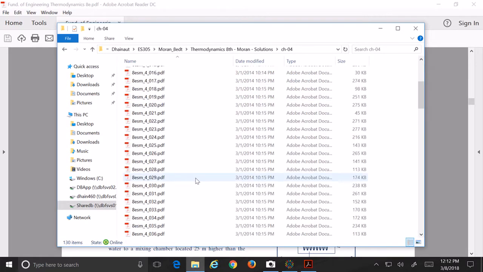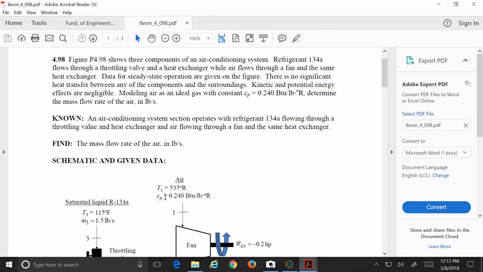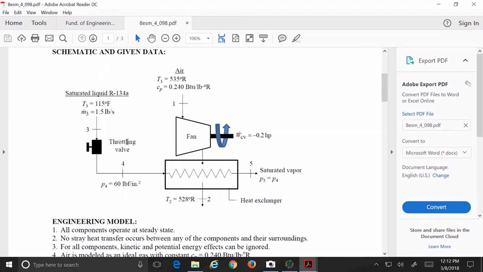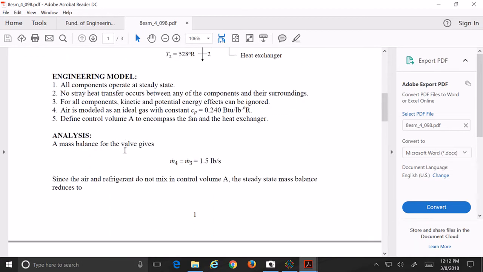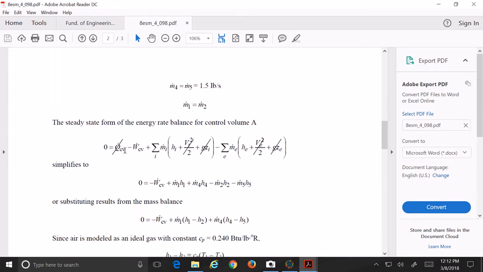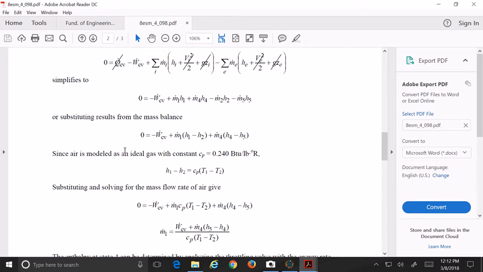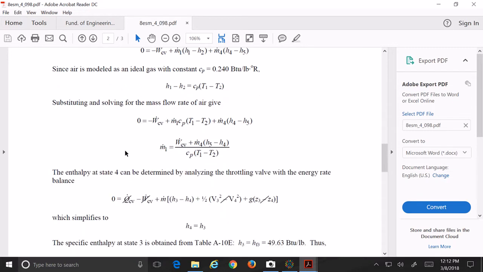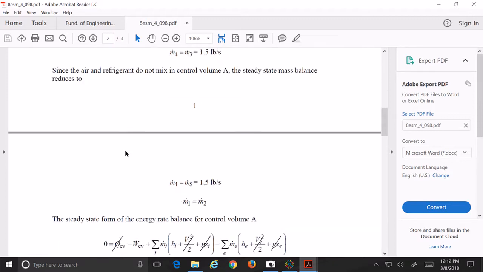But every time they have a valve or a throttling device, it means it's isentropic.